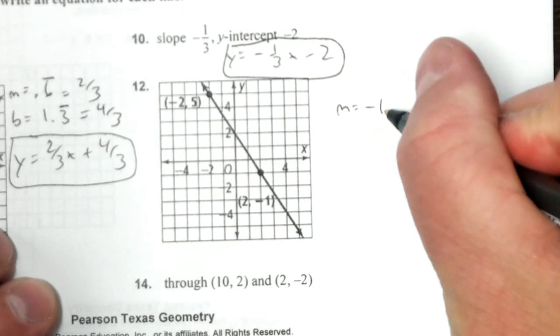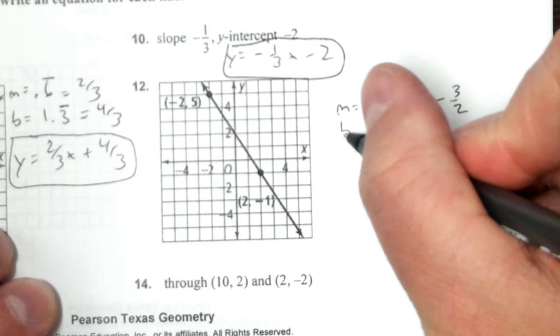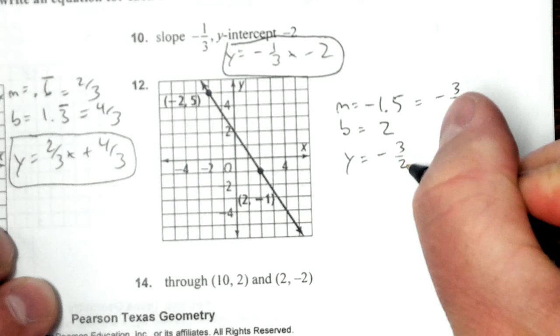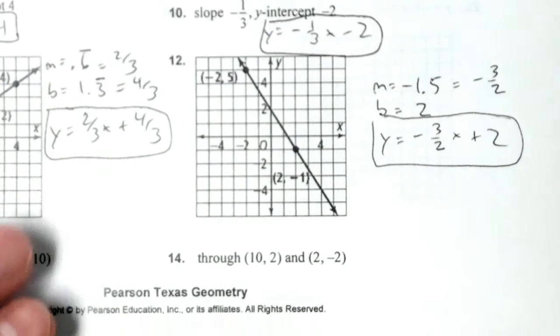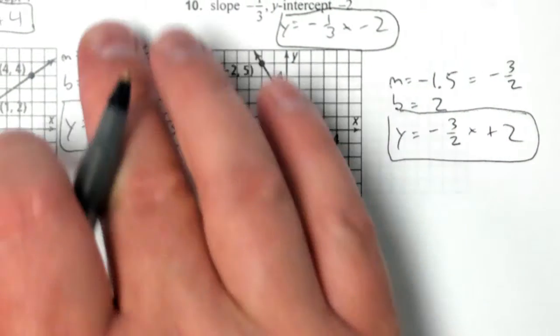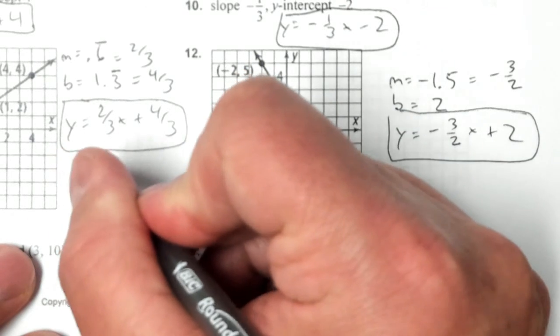If m is -1.5, that's the same as -3/2. So this is y equals -3/2 x plus 2. Again, the directions I'm following are just getting the equation in slope-intercept form.